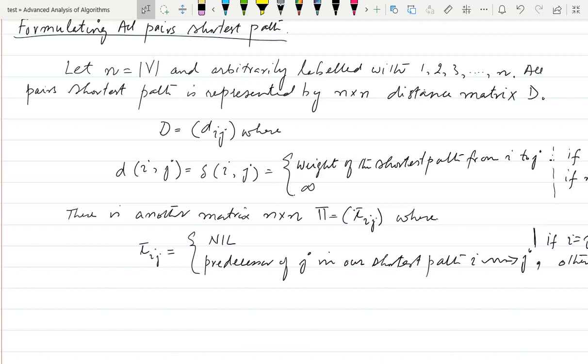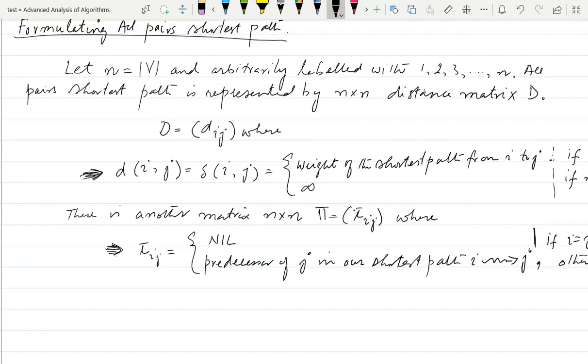First will represent the shortest path and the other one will represent the parent node. Remember that if you only want to calculate the shortest path between i and j, capital D is enough. But if you want to construct the complete shortest path between i and j, you need this pi matrix.